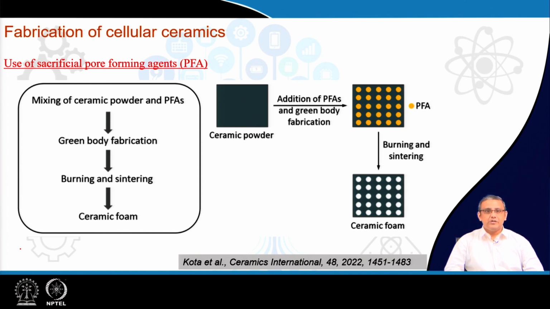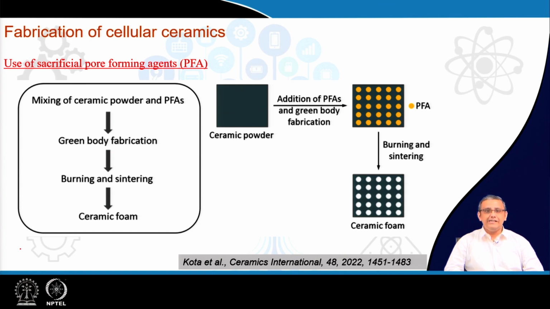When these polymer materials burn or decompose, they give rise to the porosity, and after the burning stage is over and the sample is sintered, the porous foam is obtained, which has the porosity as decided by the initial pore former amount, content and their structure.